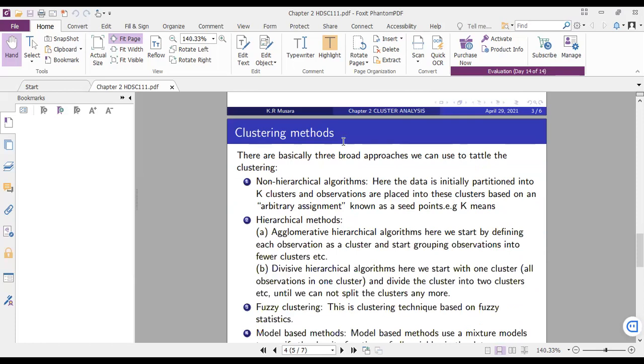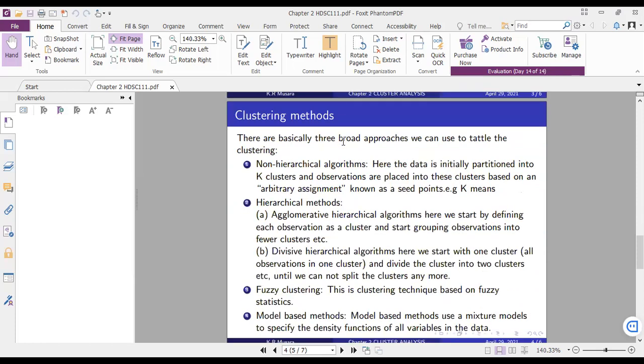So we've got 4 clustering methods that we're going to focus on in this course. We've got the non-hierarchical algorithm, the hierarchical methods, the fuzzy clustering, and the model-based methods.